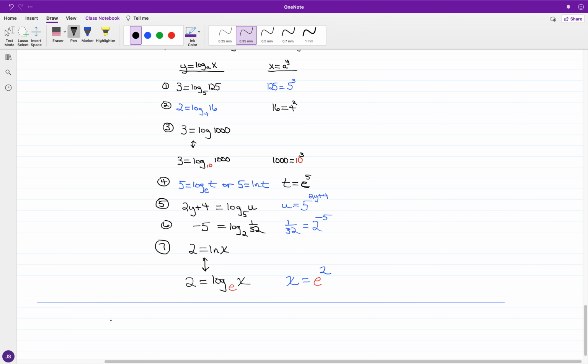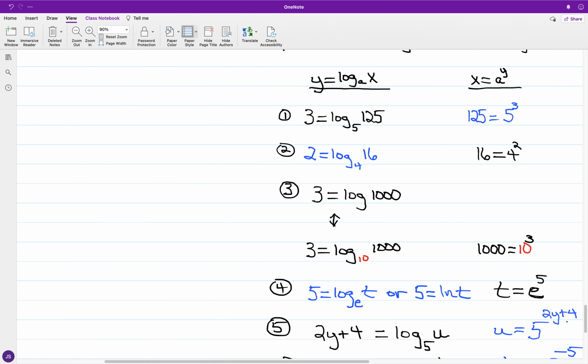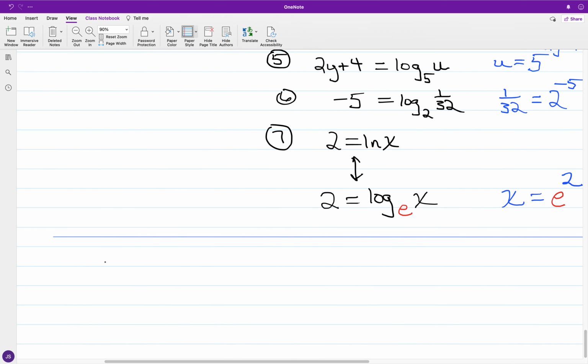So in this one, you have exponential equations with a common base.